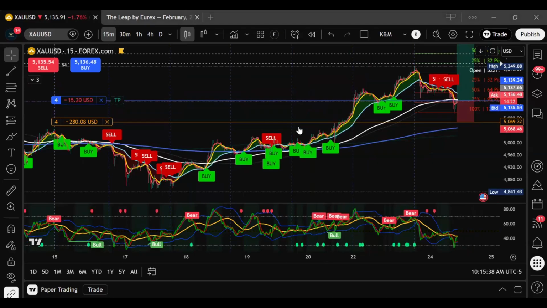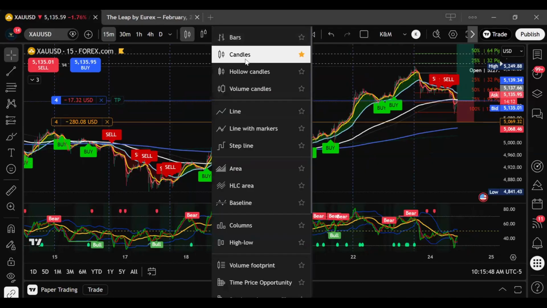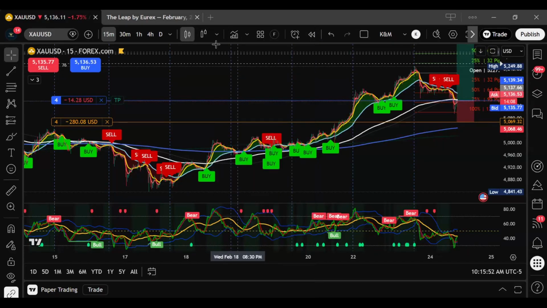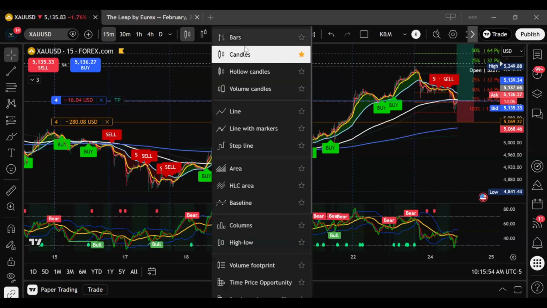All right, we finna get into the basic ketchup and mustard strategy. I'm going straight moving averages. Matter of fact, I'm finna do something crazy because I'm just that bored. Can I just remove the candles? That would be fun. I'll probably just need to change it to a line or something.